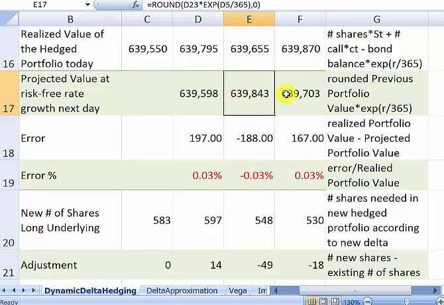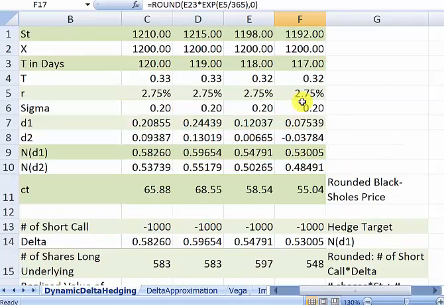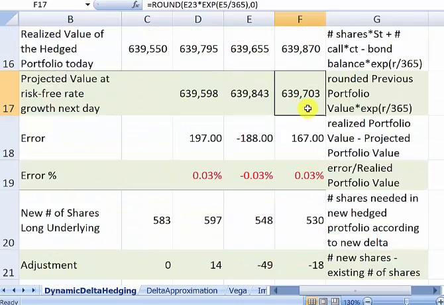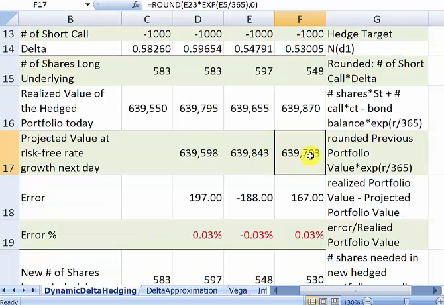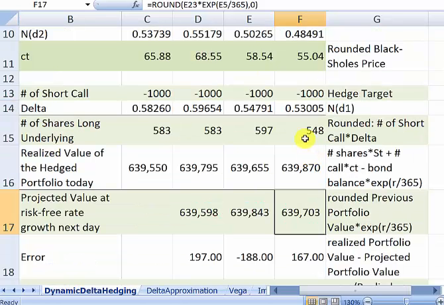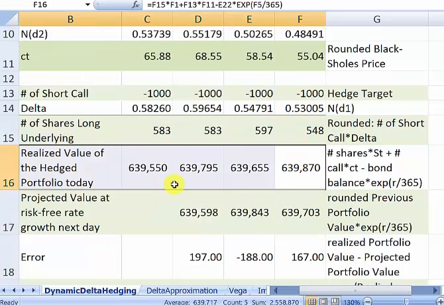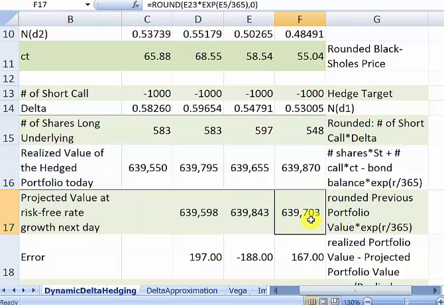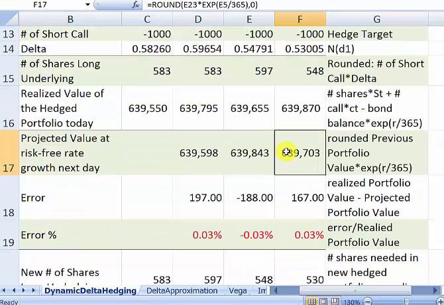From yesterday to the last day, right? It's basically the same story. So we always look at the portfolio value that we do have, and that is on this 16th row. And then on the 17th row, it's the previous day balance in the total portfolio, right?